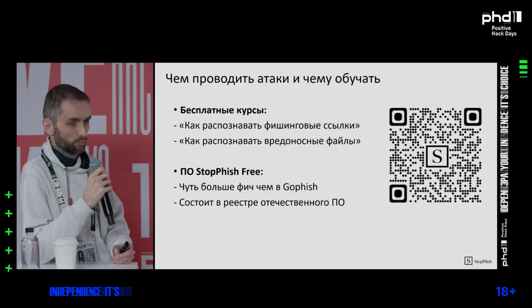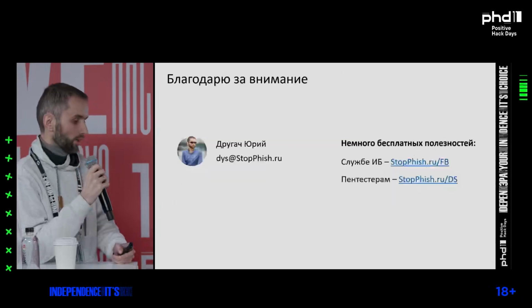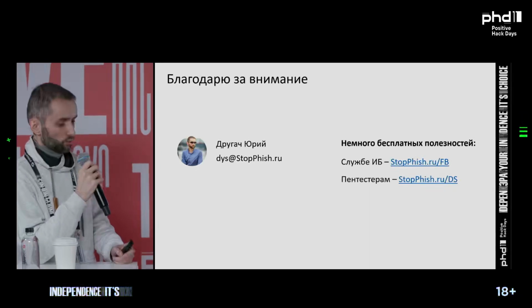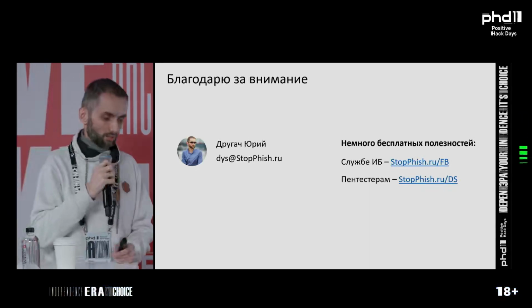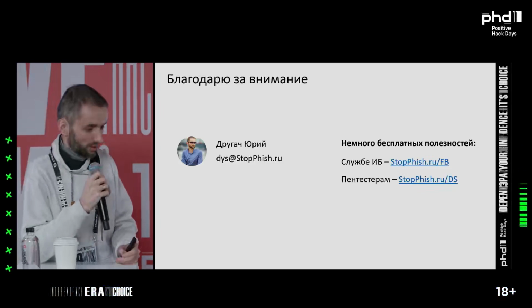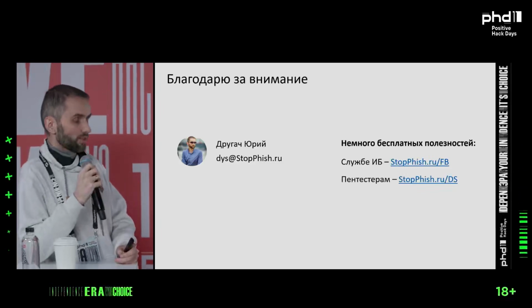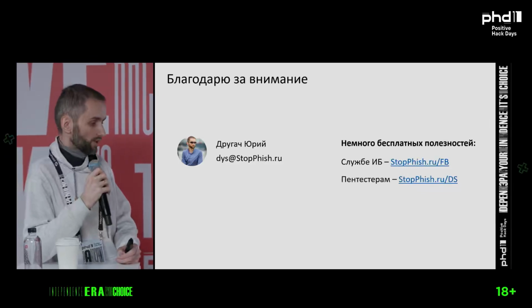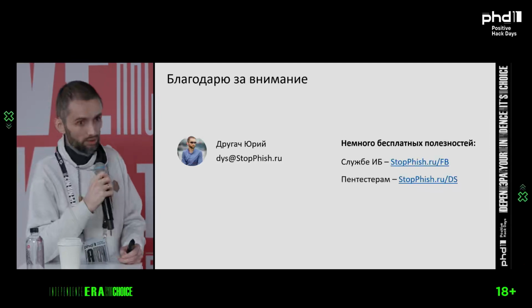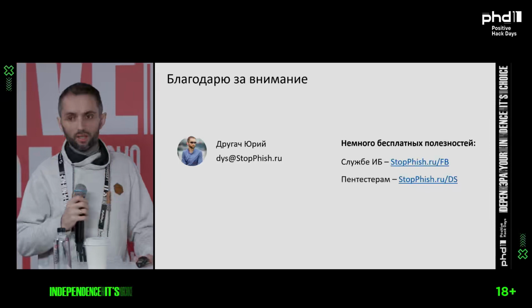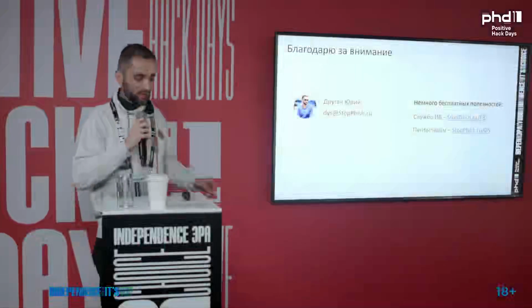It has a bit more features than GoPhish, and it's part of the Russian software registry. A couple of links for those who did not have time to follow the QR code. For pen testers, Stopfish is the most important one, and for the IB service, for the info security service, there's also a set of resources. Thank you.